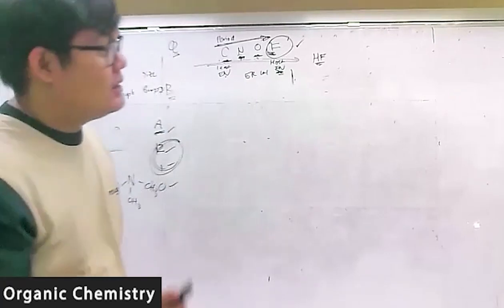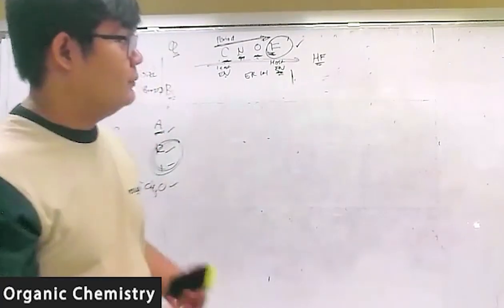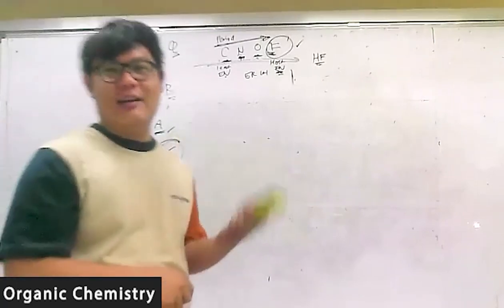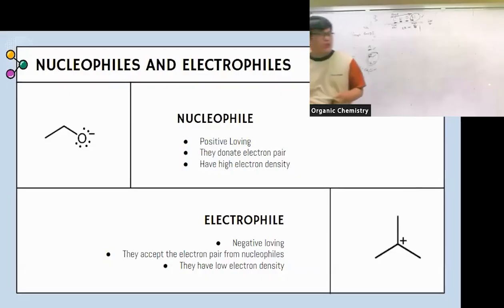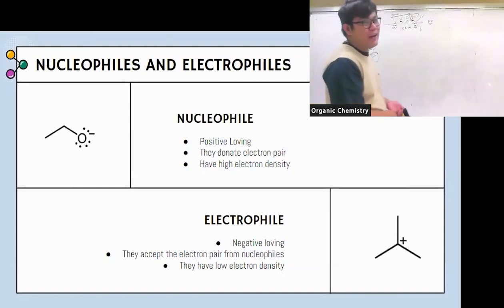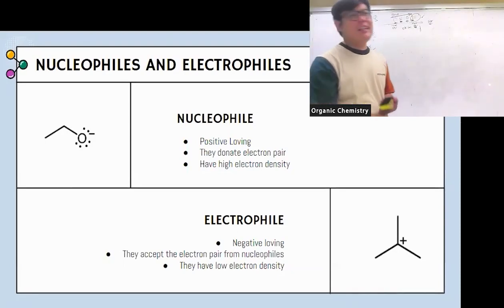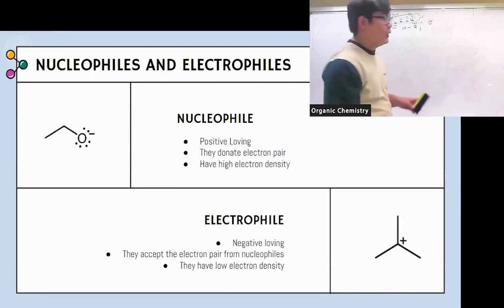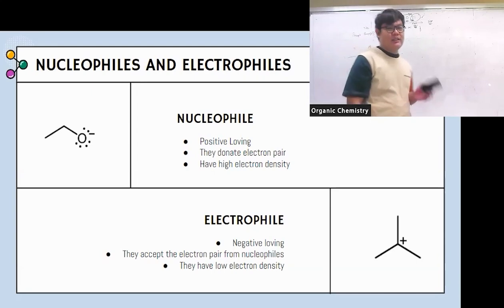Next slide, please. So first, we should know when it comes to organic reactions, what the nucleophile is and what the electrophile is. You can't actually do organic chemistry if you're not able to pinpoint which is the nucleophile and which is the electrophile.